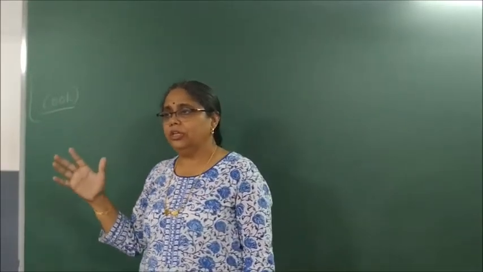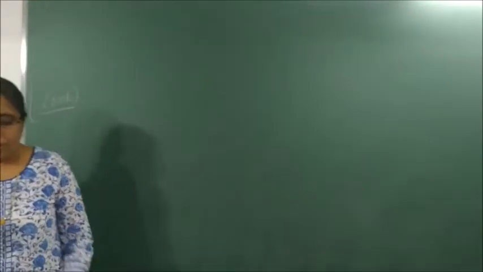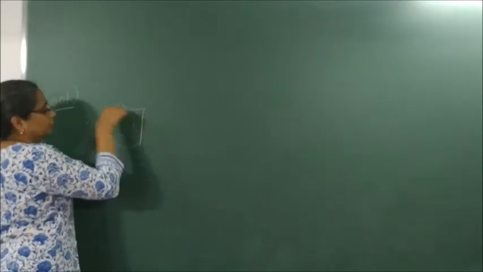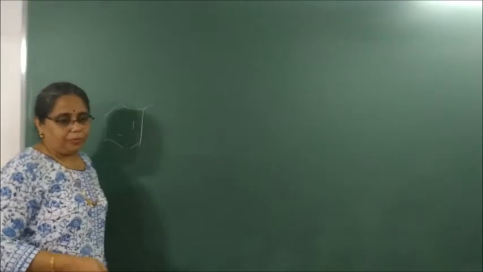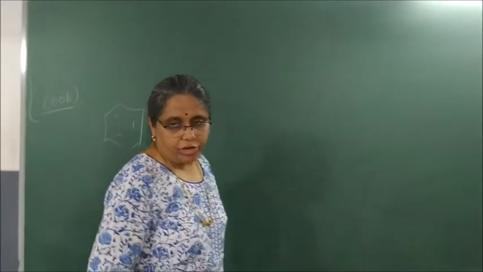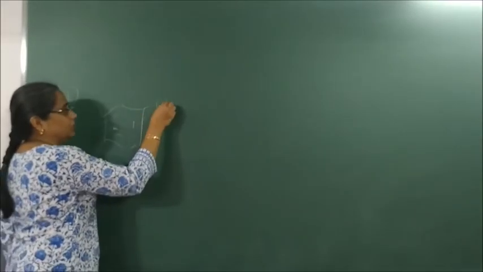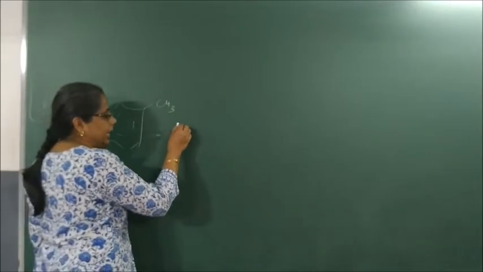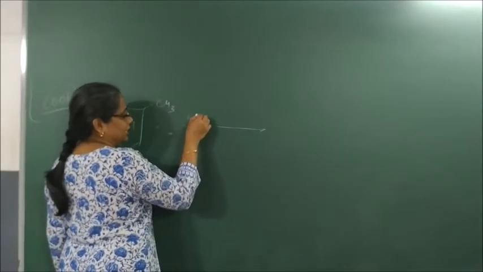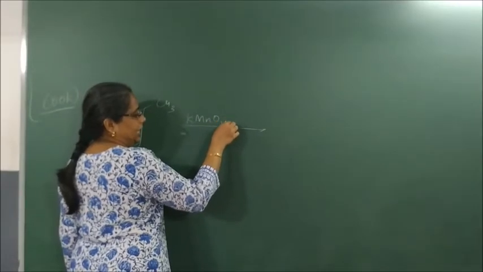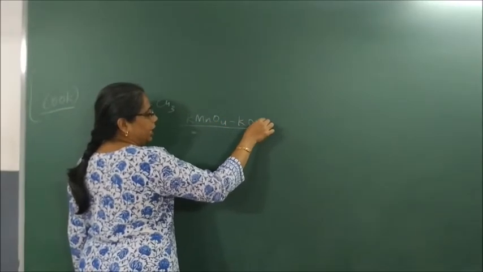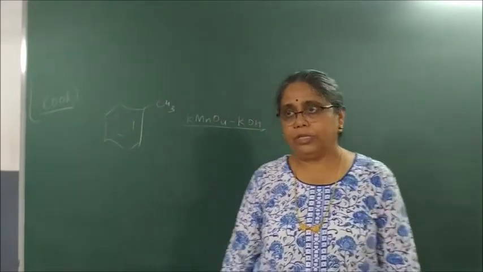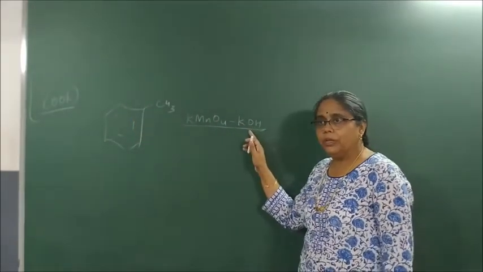alkyl benzenes into acids. See, if I take a compound, let us suppose I take CH3 on benzene. What is it called? Toluene or methyl benzene. If I react it in presence of an oxidizing agent, alkaline KMnO4, how do I write alkaline KMnO4? I use KMnO4 and KOH. KOH is for creating what medium?